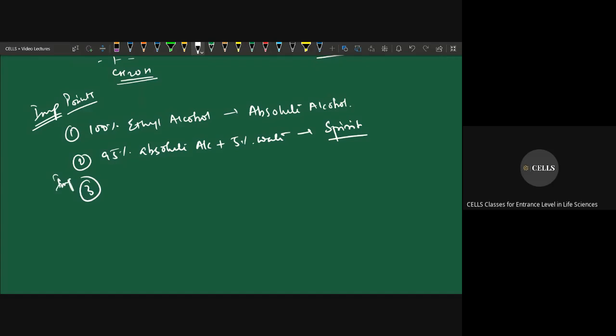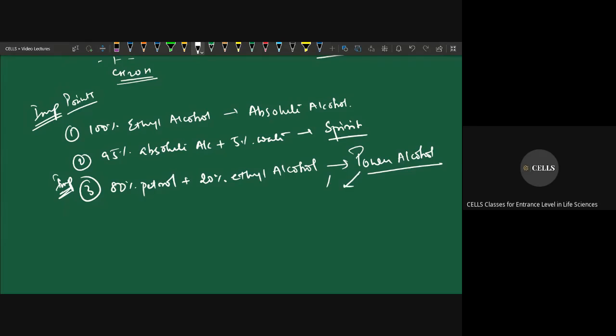This one is important, really important. 80% petrol plus 20% ethyl alcohol is known as power alcohol, because it is a fuel. This is used as fuel.